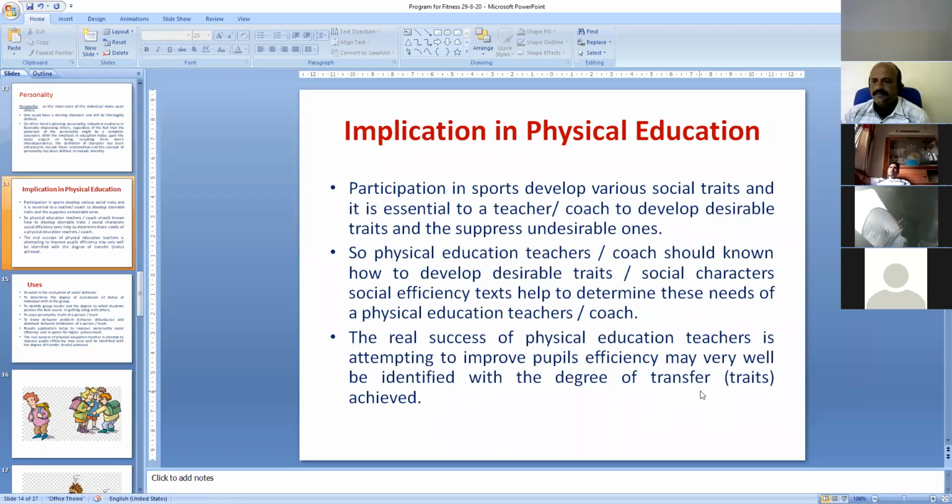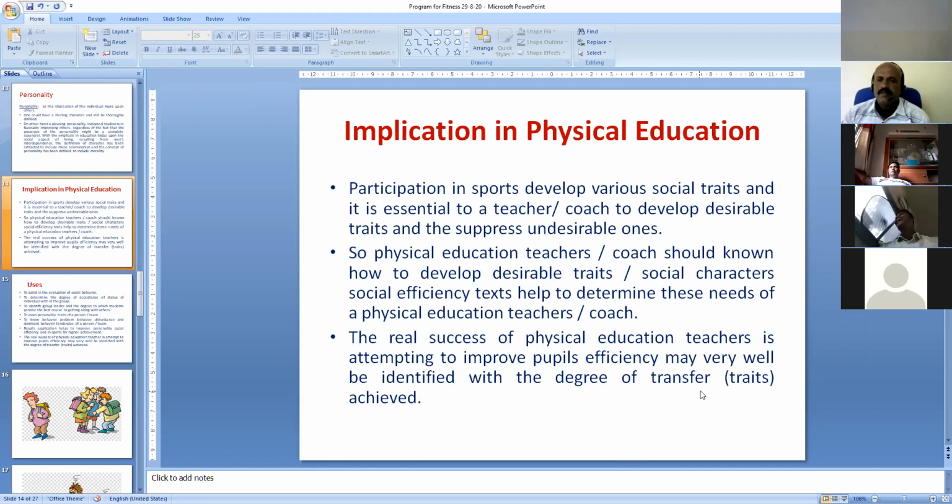See here, the real success of a physical education teacher is how the students are transferring their learning ability into actual, ongoing situations. For example, they use the skills to handle people, or cooperate with people, or help people, or transfer their knowledge to handle a situation.